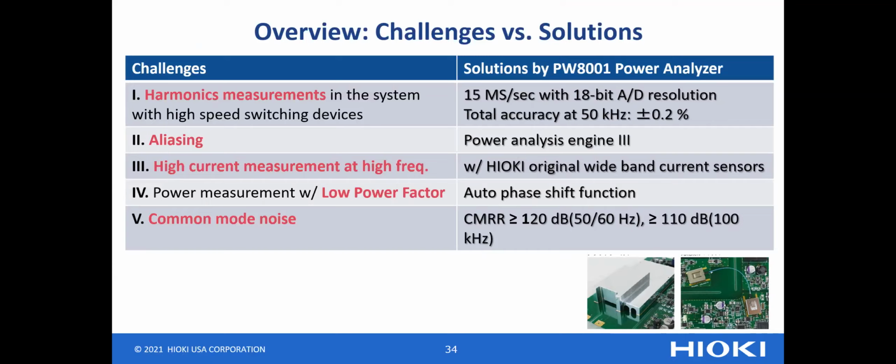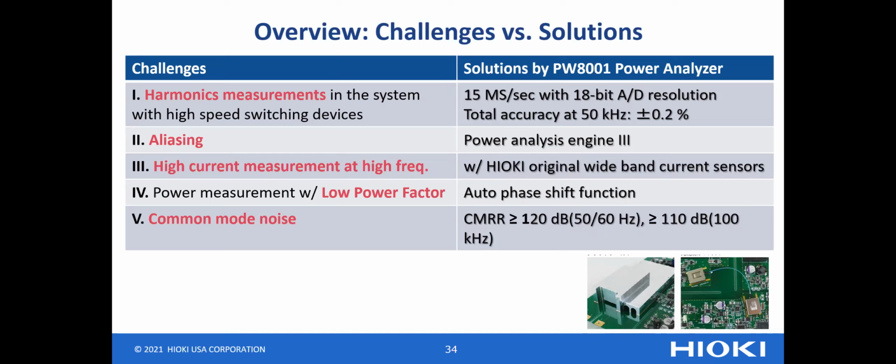The PW8001 offers a solution to the challenges we have seen. For harmonics measurement, the meter is required to do high-speed sampling with high AD resolution, and it is also important for accuracy to be maintained over frequency.